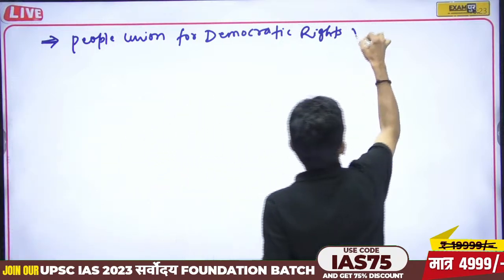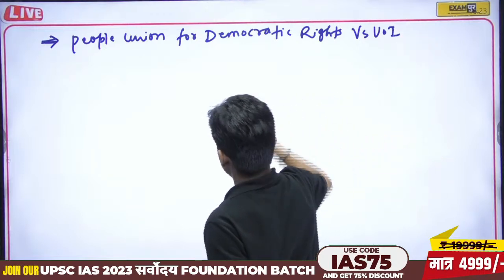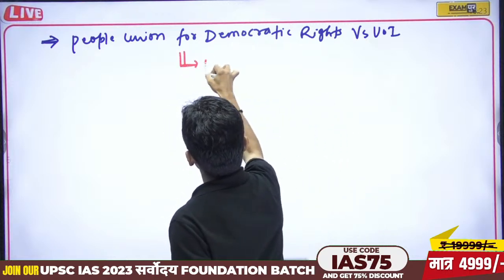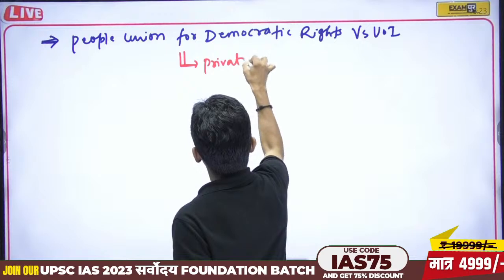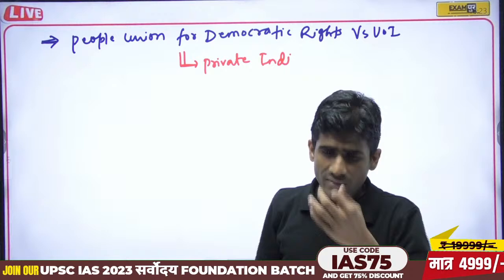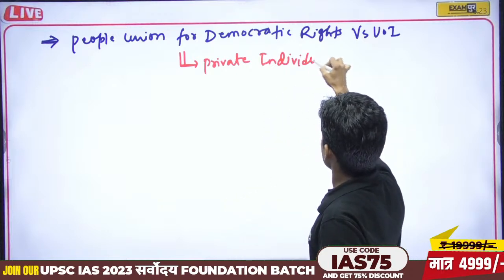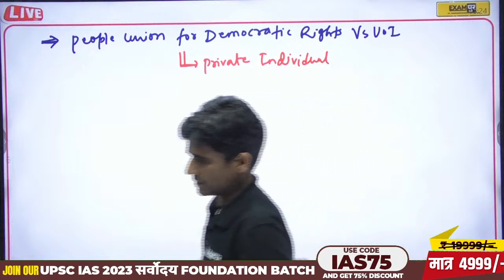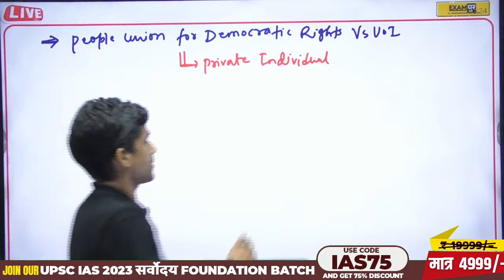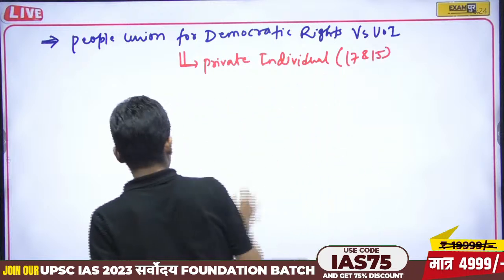This case is very important because under this case, untouchability is now also considered for private individuals, against Articles 17 and 15.